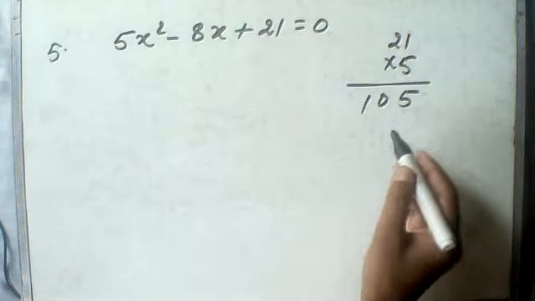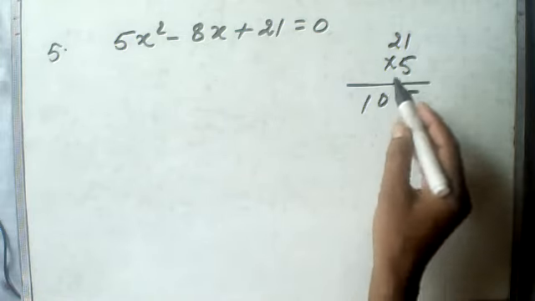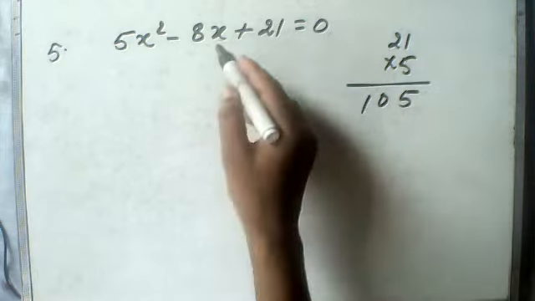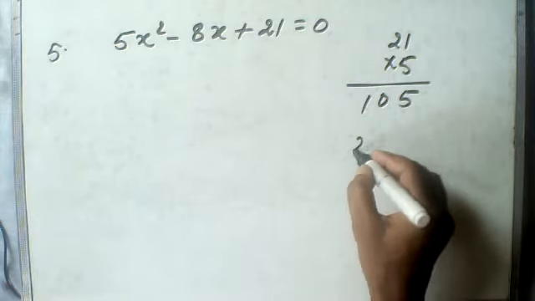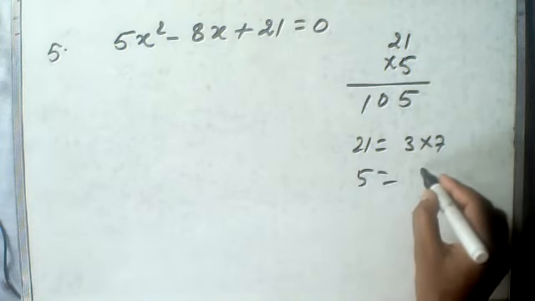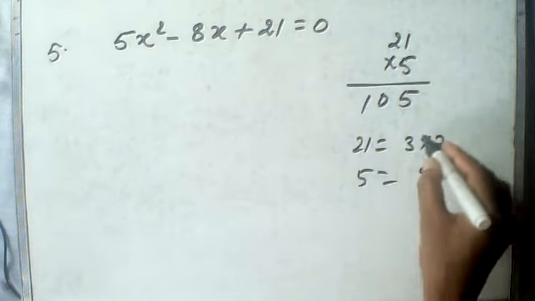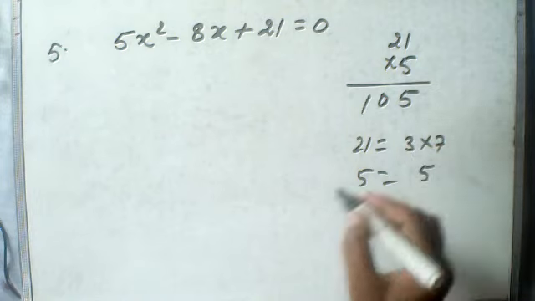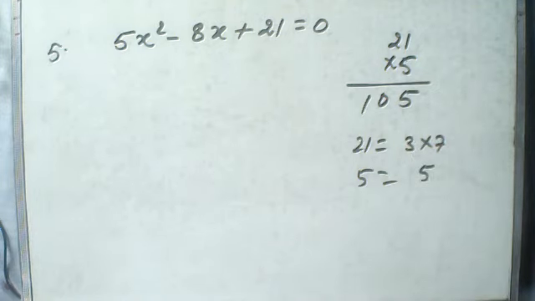How will you get this? Two factors of 105, that is 21 and 5, cannot give 8. Now 21 is 3 into 7 and 5 is 1 into 5. So these are the factors of 105, and the sum cannot be 8.